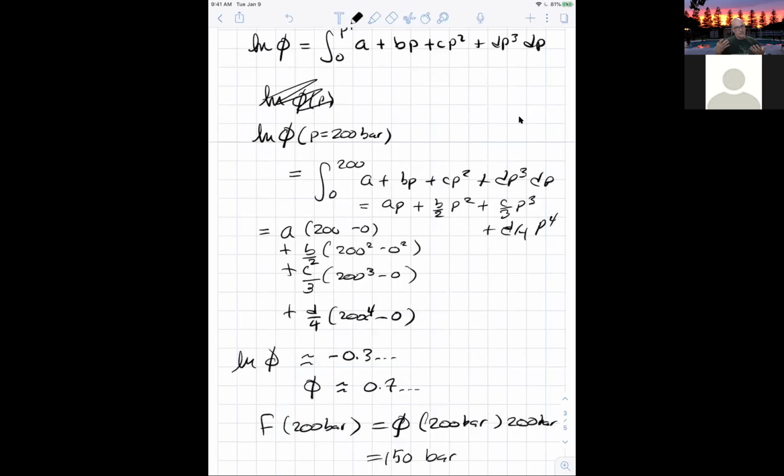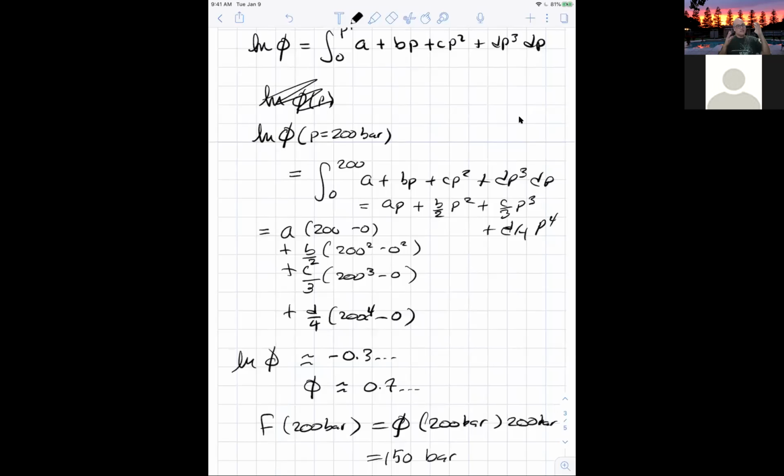And then the concept check of this, which is what a guy like me is always worried about, is what does it mean? The fugacity is what the pressure would be if the gas was an ideal gas to give the same effect.